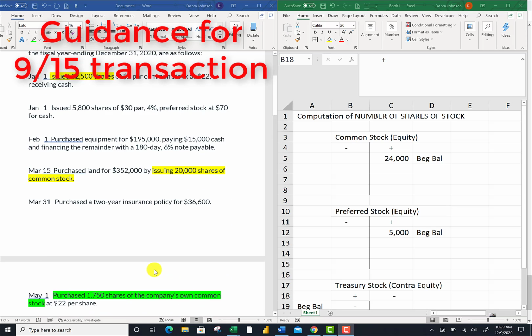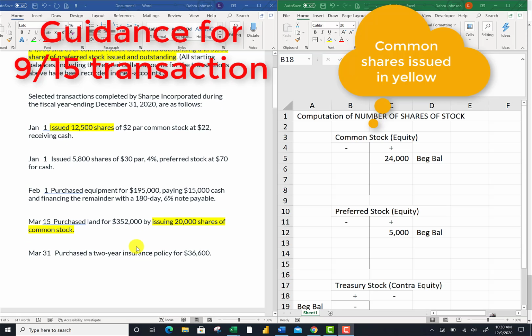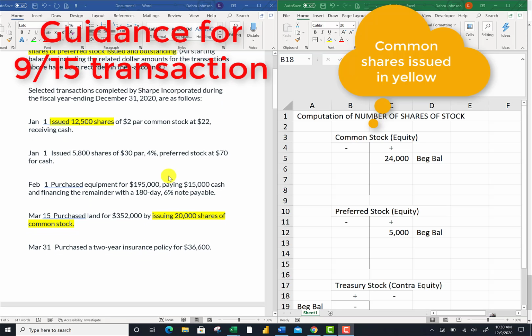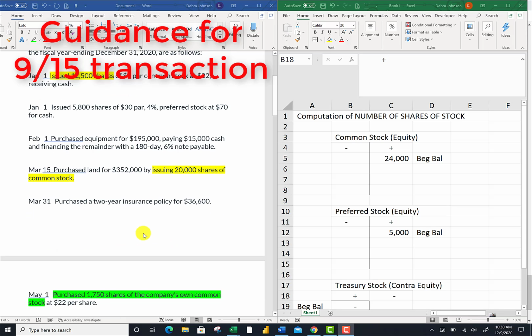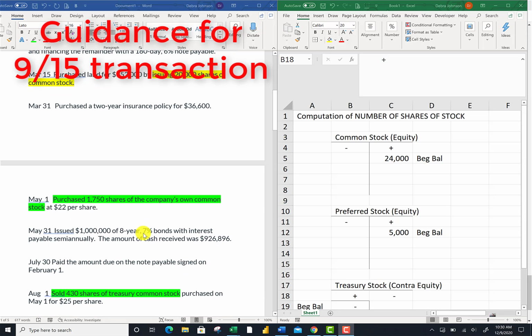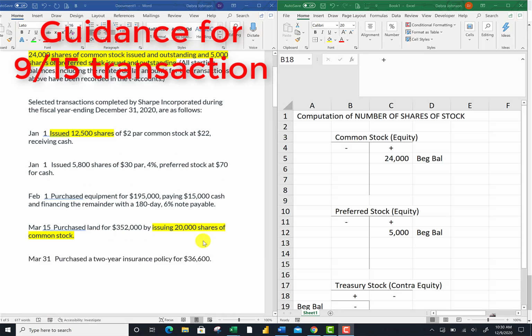So what I've done to give you some help is I've gone through, and every time that shares were issued, I highlighted them in yellow, and right now I'm talking about just the common shares. And then any treasury stock I've highlighted in green.